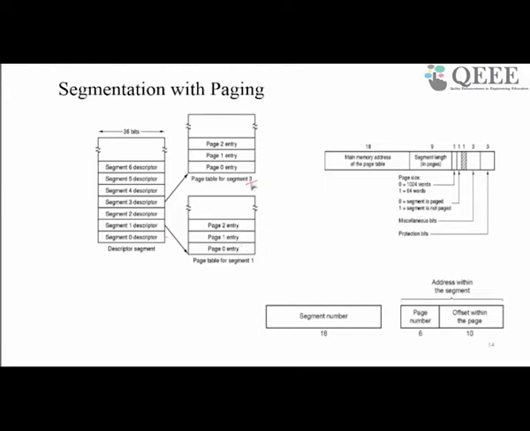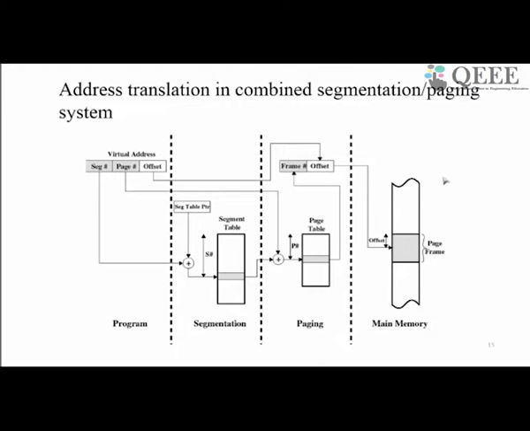Then you use the page number to go to the corresponding entry within the segment and use it to check whether the page is present, and use the offset to generate the physical address. So it again may have different access fields like this. This is a much more detailed illustration of how this translation works.